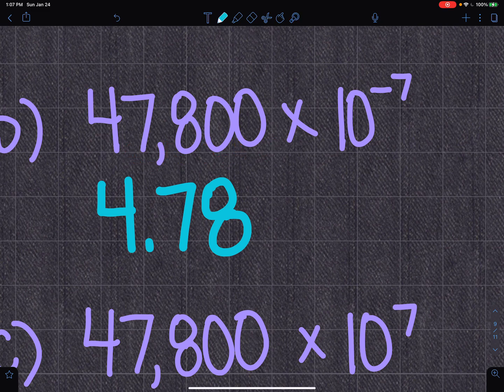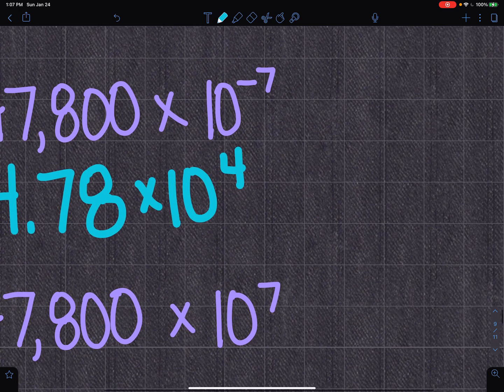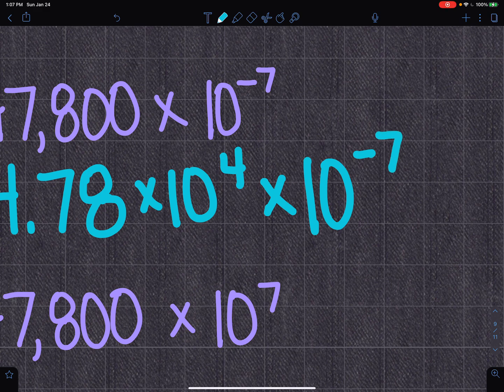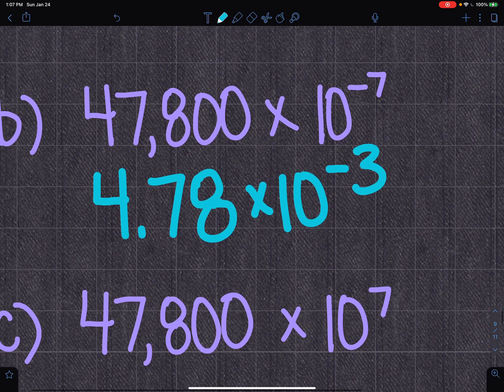So this is times 10 to the 4th. But you've also got this 10 to the negative 7th that you've got to add in. So we're going to go times 10 to the minus 7. What do you do when you multiply? You add the exponents. Negative 7 plus 4 is going to be negative 3. So I'm going to erase this, and I'm just going to put negative 3. Did I get it right?